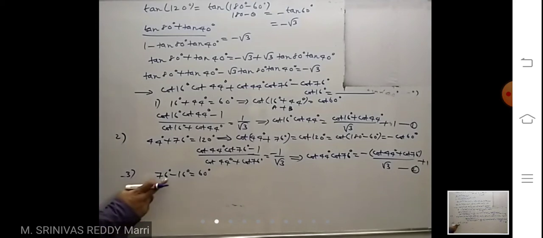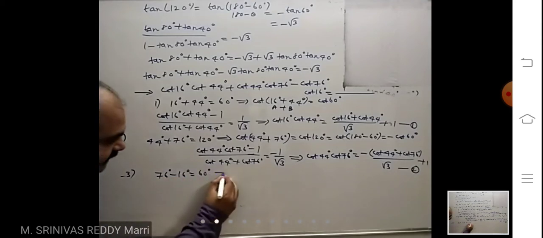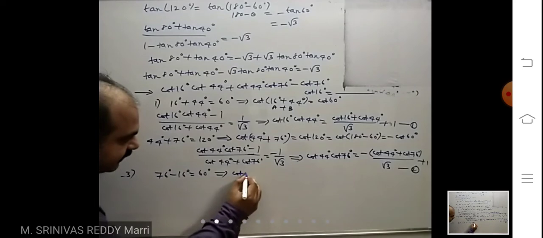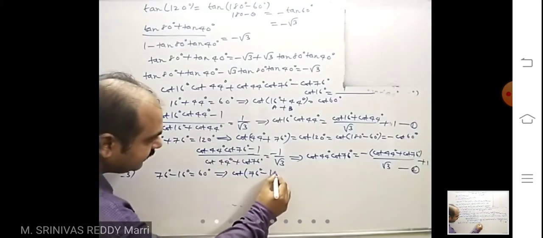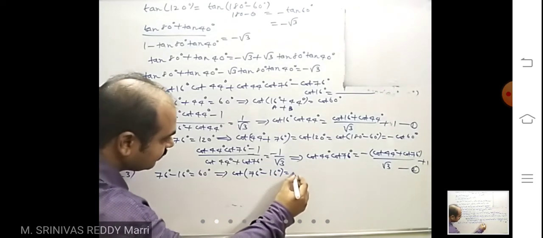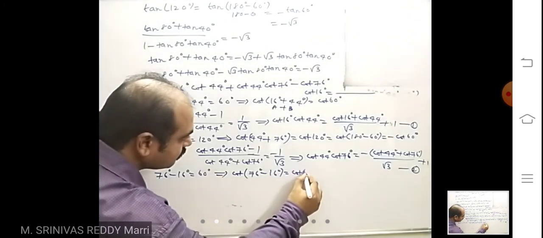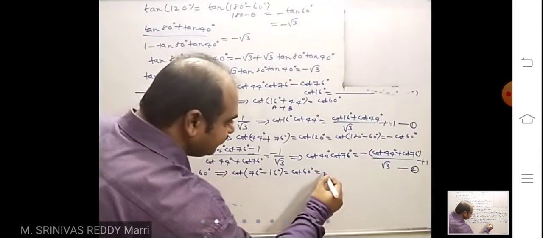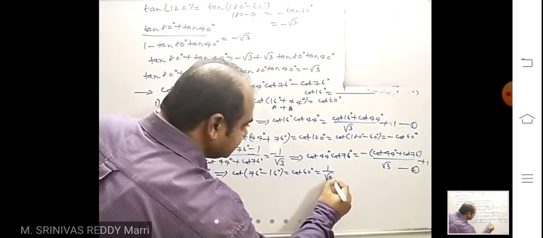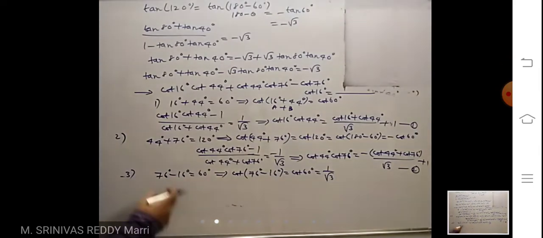So 76 minus 16 is what? 60 degree. That implies if you apply cot here, cot of (76 degree minus 16 degree) equals cot 60 degree, that is nothing but 1 by root 3. This value you know, that's why I have taken the difference.